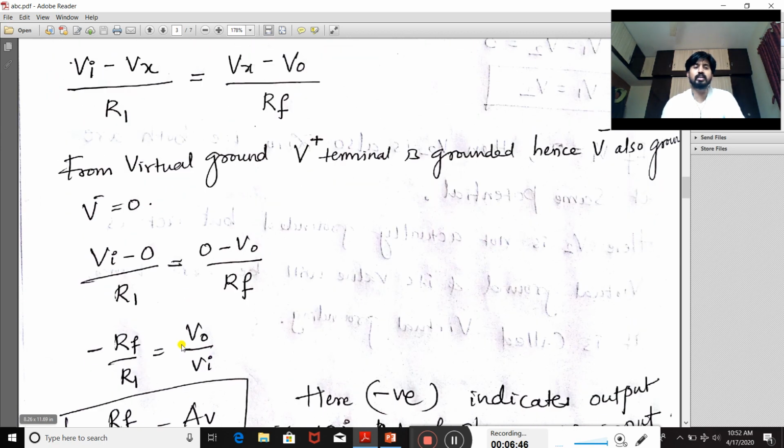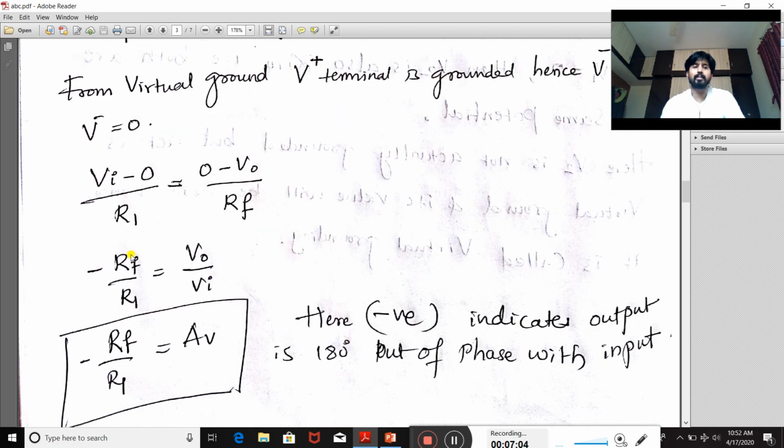If you rearrange the equation, then it becomes minus Rf by R1 equals V0 by Vi. This V0 by Vi is nothing but the voltage gain of the op amp. Now the gain of the op amp is minus Rf by R1.